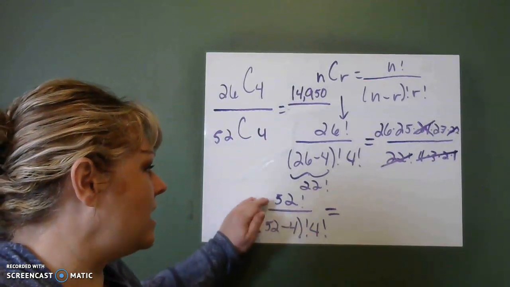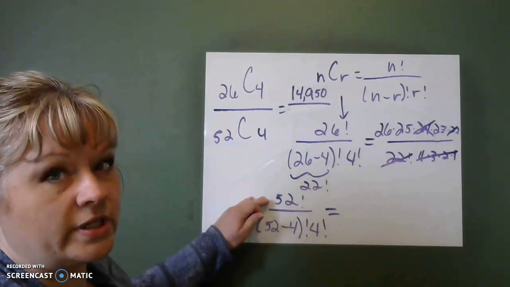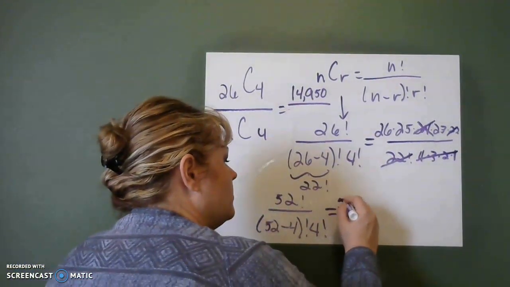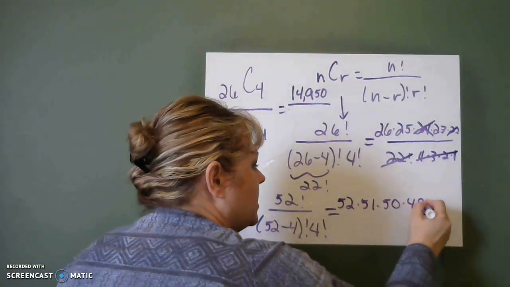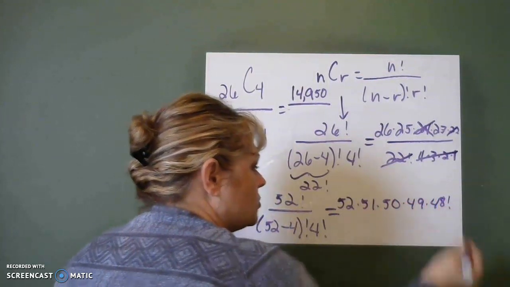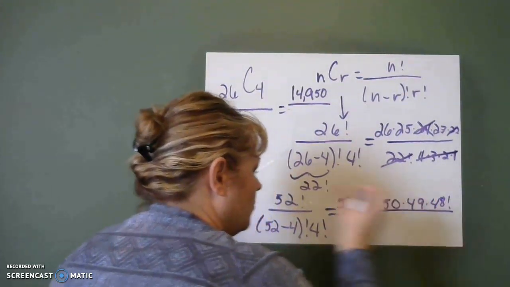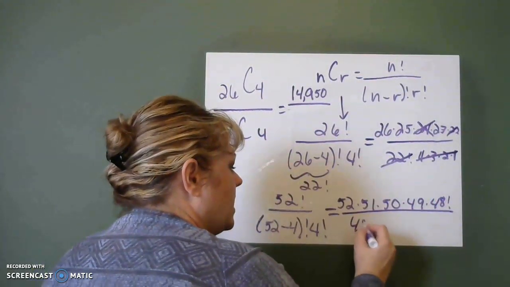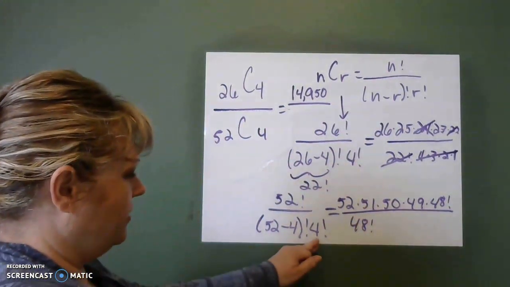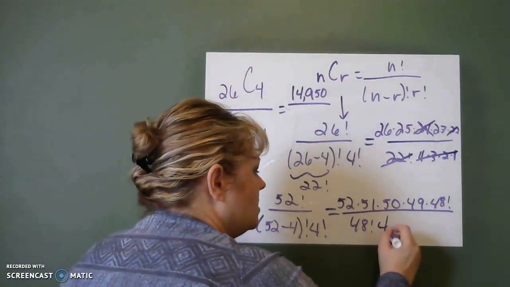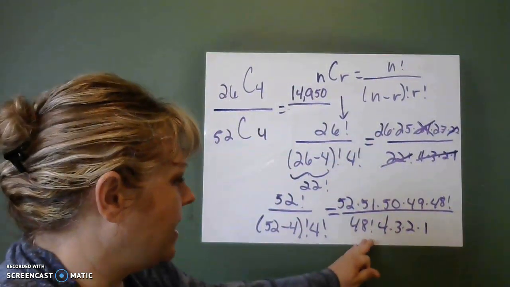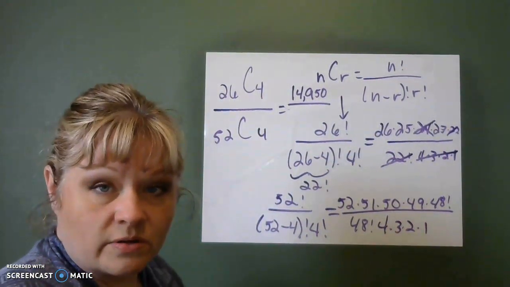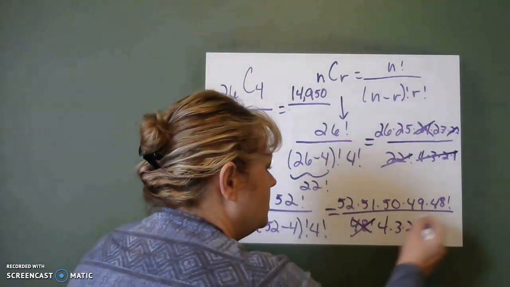So I'm going to write out this top number down to the 48: 52, 51, 50, 49, 48 factorial over 48 factorial. And again, the 4 goes to 4, 3, 2, 1. Now I can cancel out the 48 factorials and get a smaller number.